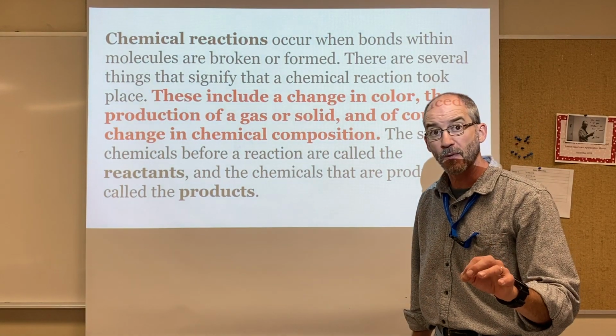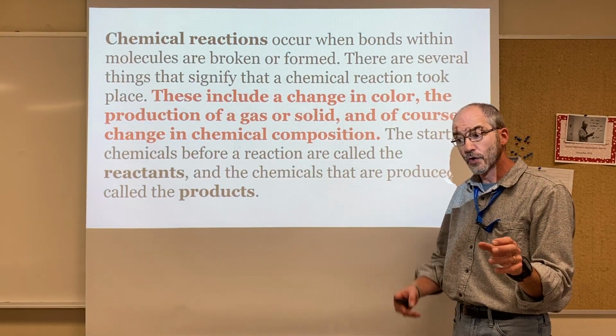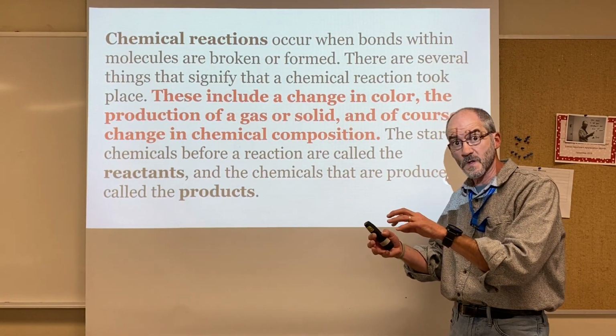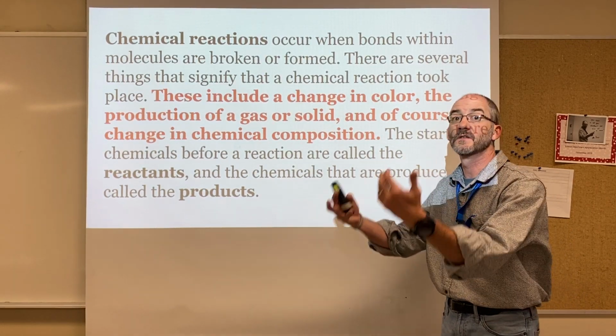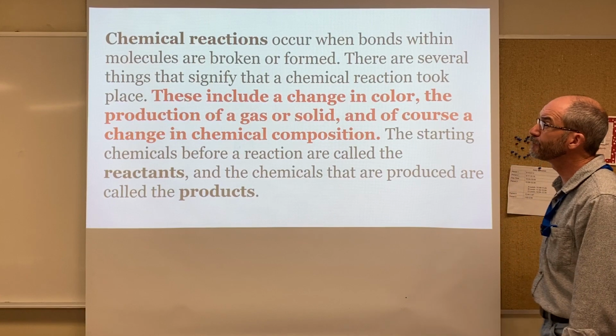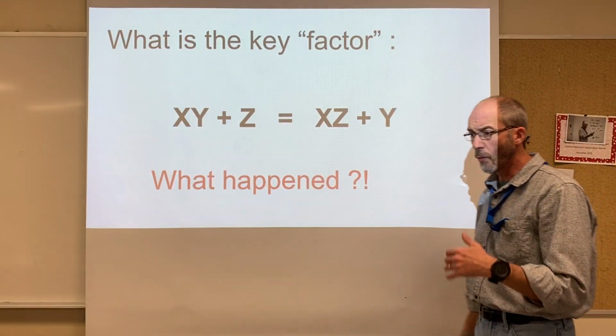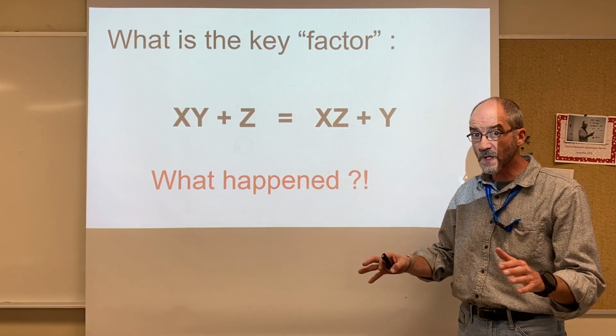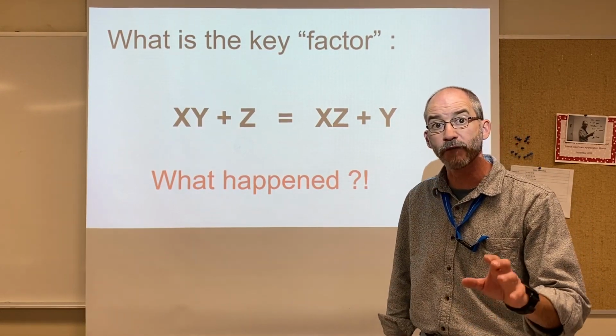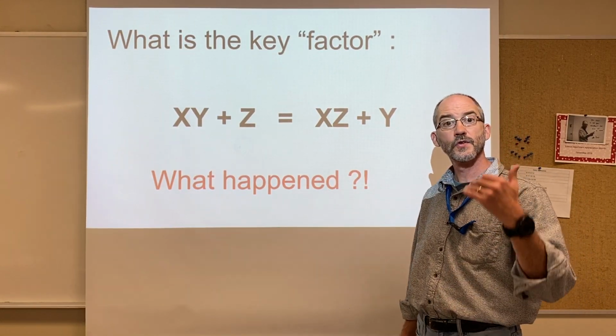A physical property is something that could possibly change, and a chemical property will signify the ability to change. Okay? All right. So what is the key factor? And once again, remember, today we're focusing on chemical change.